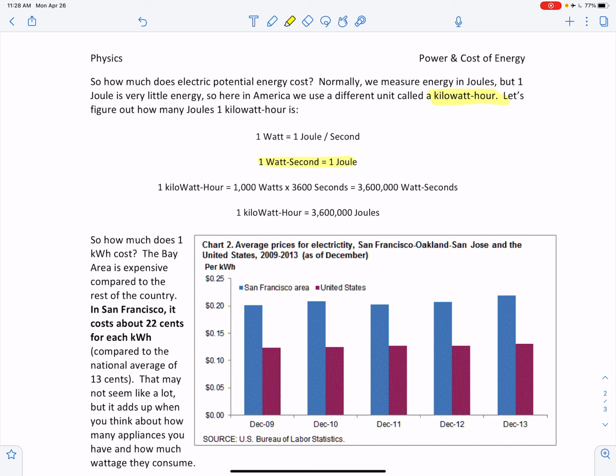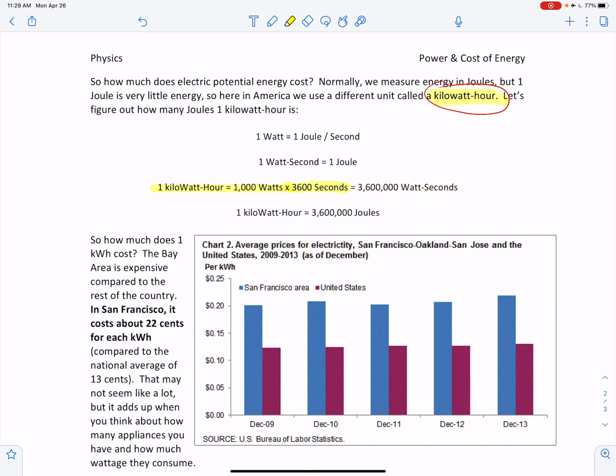Now a kilowatt is 1,000 watts, so a kilowatt hour is 1,000 watts, and an hour into seconds is 3,600 seconds, and we get 3.6 million watt seconds.